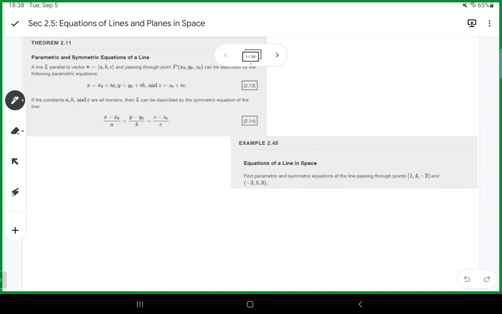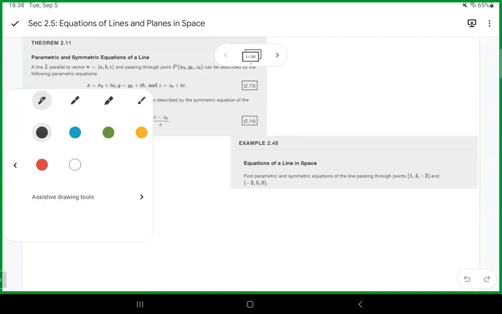And then if the constants a, b, and c are all non-zero, then you can write the line as the following. Okay, so for the first problem, we're literally just going to shove the information into the formula.